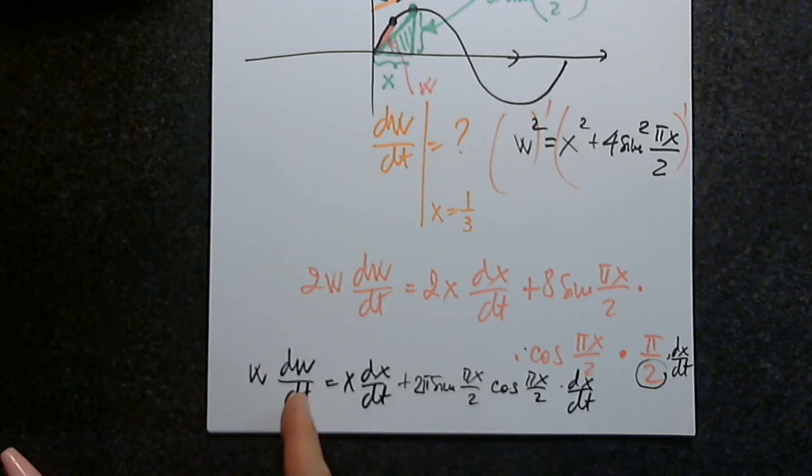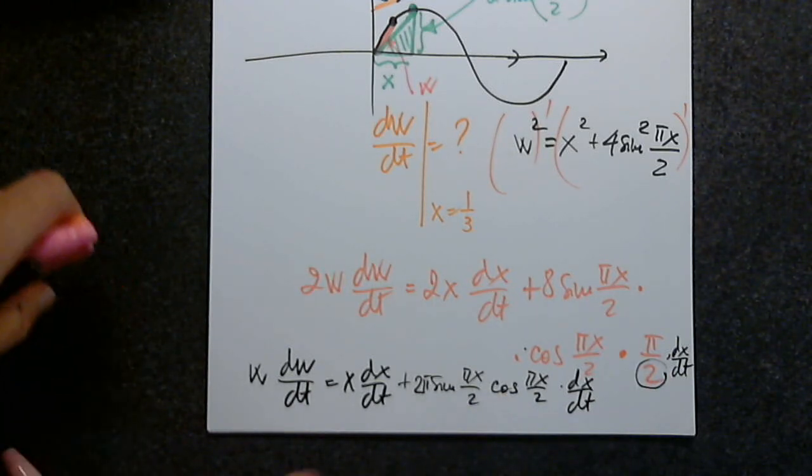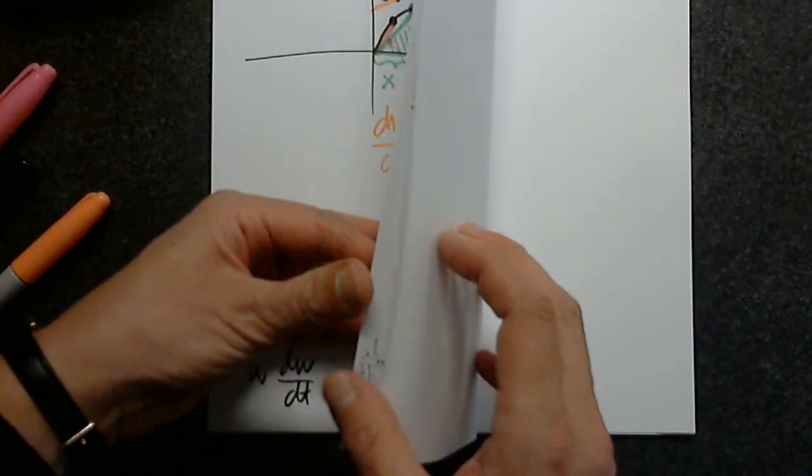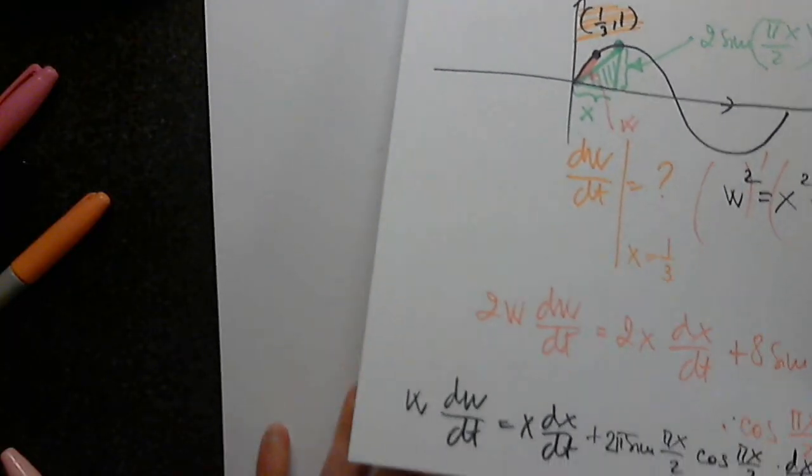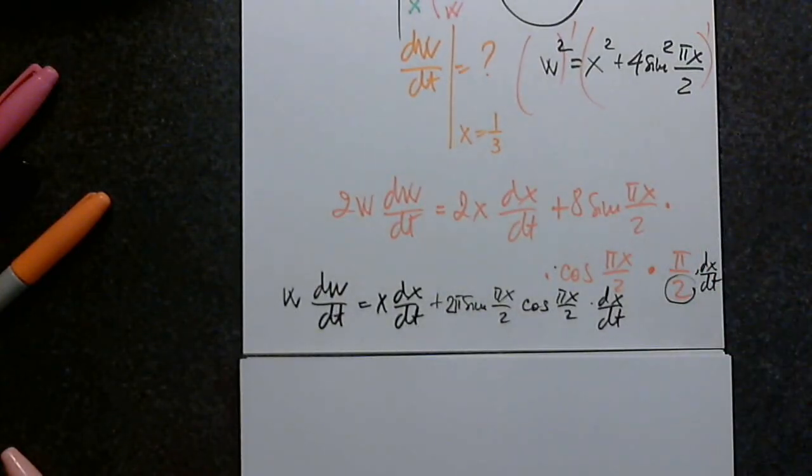And now I can solve for this when x is 1/3. And let's see what we have, and let's see what we don't have, and what we need to determine. Because it's not all in there. I don't see it. So dw over dt.